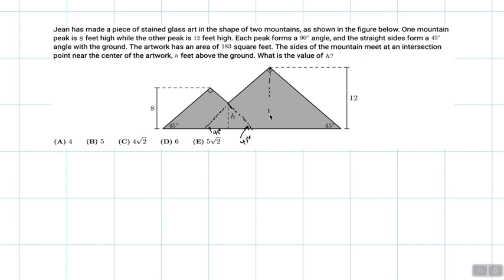So drawing this down, we'd split this 90-degree angle down the middle, and this is 12. Then this becomes a 45, 45, 90 triangle.